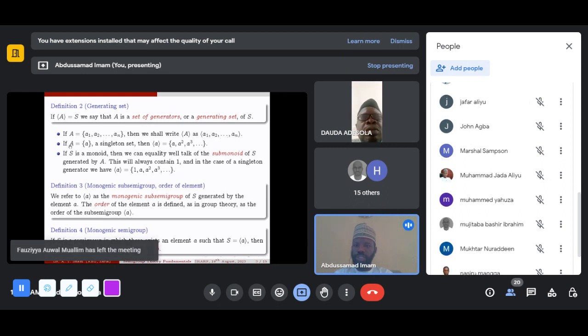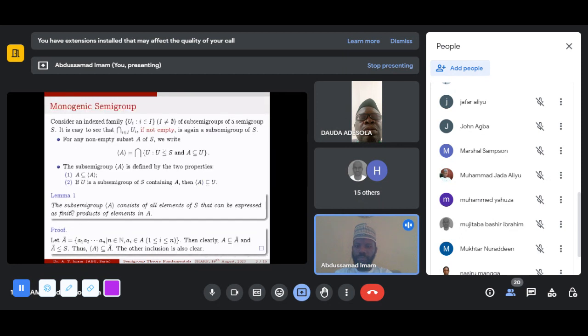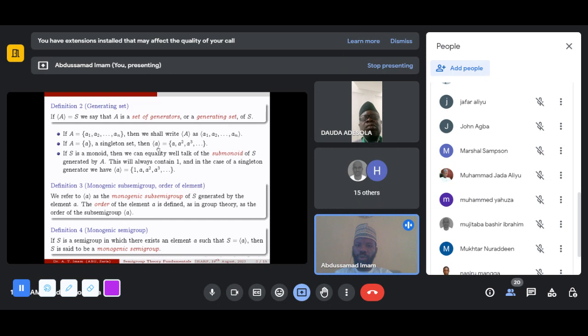And in the special situation where A is just a singleton, we write the sub-semigroup generated by this one single element a. You remember by Lemma 1 that the sub-semigroup generated by the collection of elements A consists of all elements that can be expressed as finite products of elements in A. So if you are talking about one single generator, it means all elements that can be written as a product of just one element a.